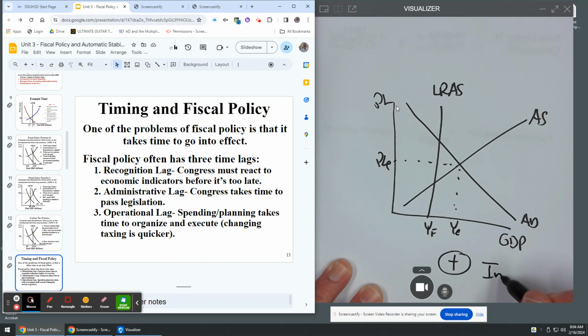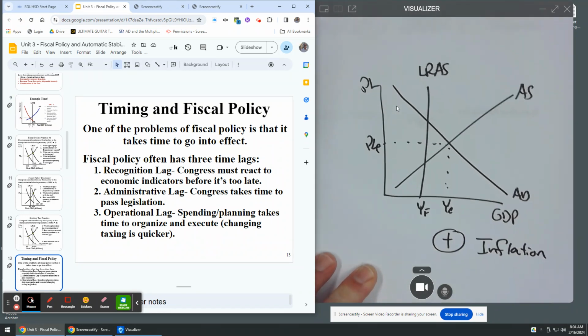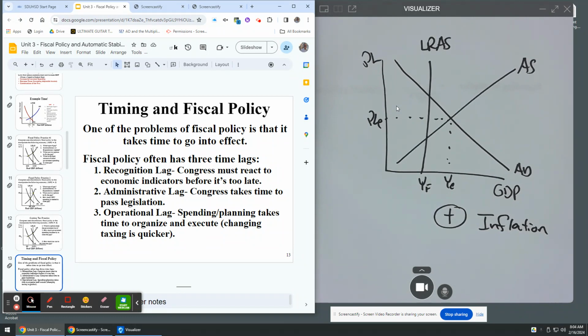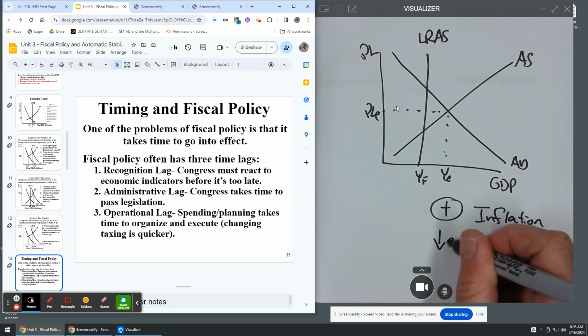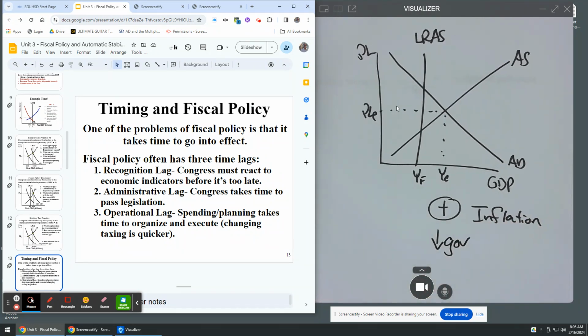I know my problem is high inflation. So the people in my economy are struggling because their salaries, their savings, their wealth doesn't go as far. They can't buy as many goods and services because inflation has eaten up the purchasing power. The tools that government can use to fight this would be to decrease government spending or to increase taxes.